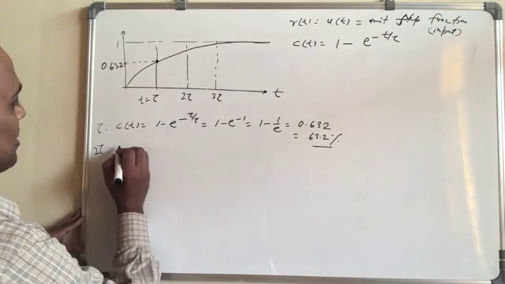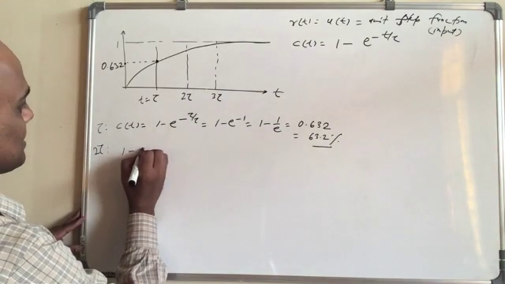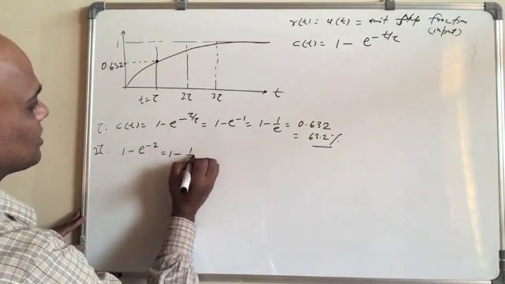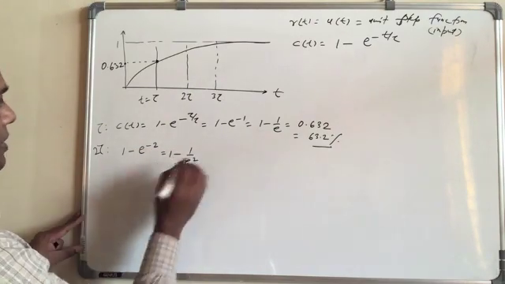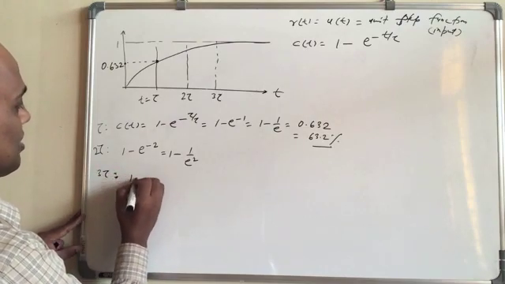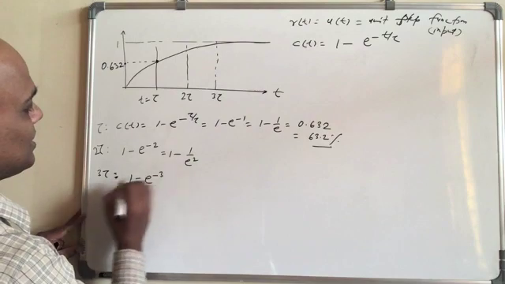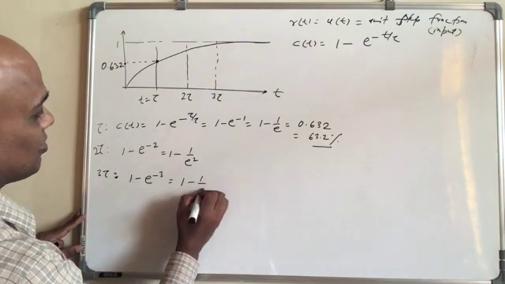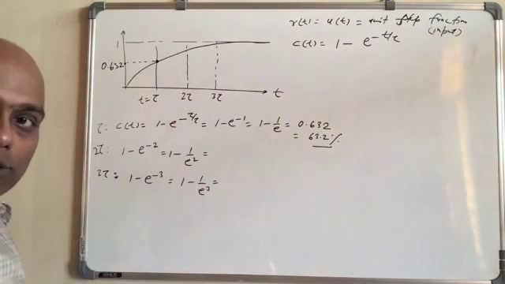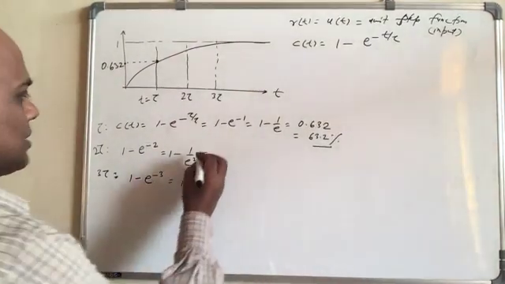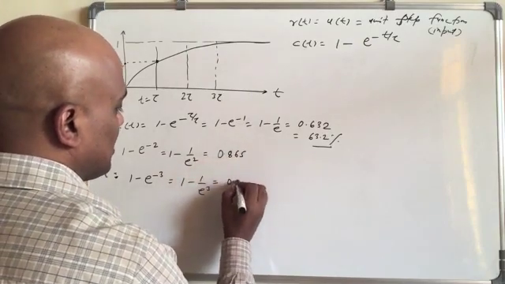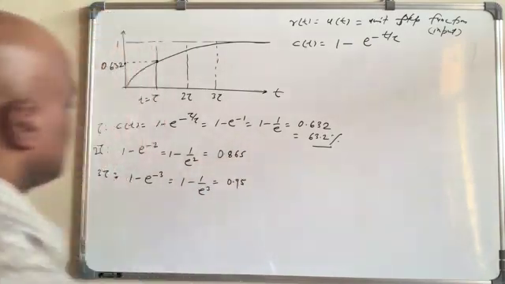At 2 tau it will be 1 minus e to the power minus 2, or 1 minus 1 over e squared. At 3 tau, this will be 1 minus e to the power minus 3, equal to 1 minus 1 over e cubed. So these will have some values. This value will be around 0.865, and this will be 0.95.